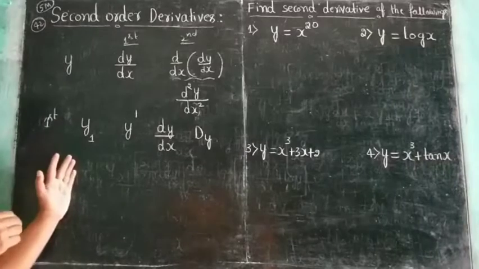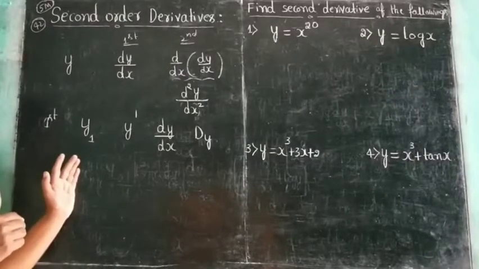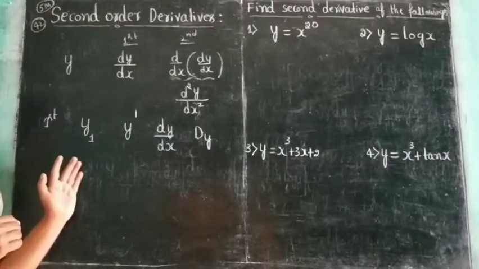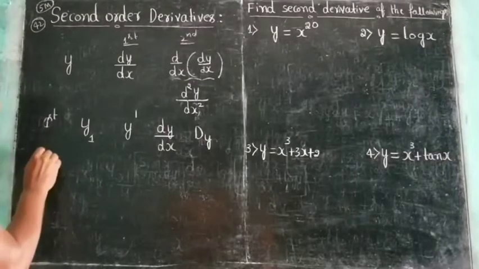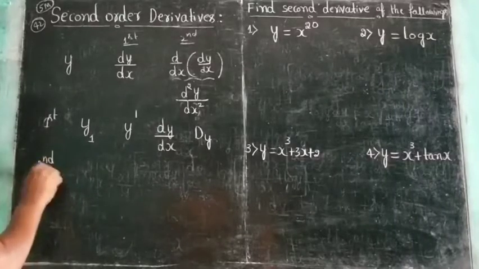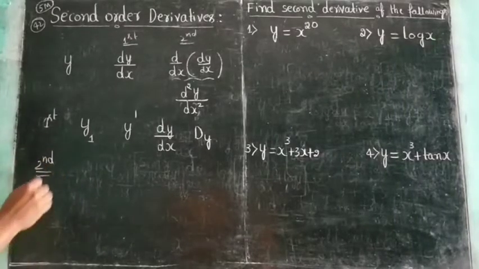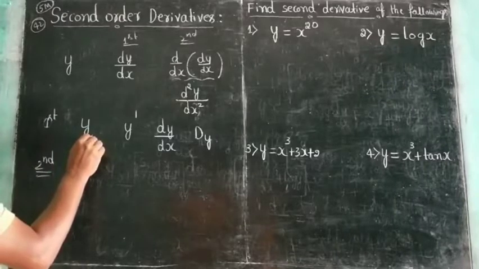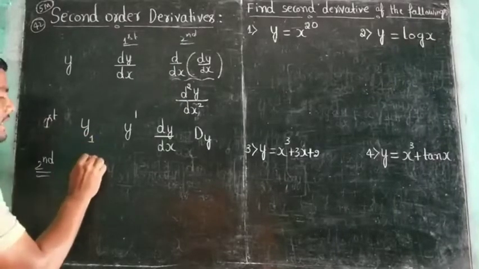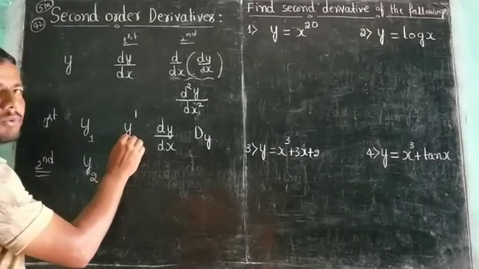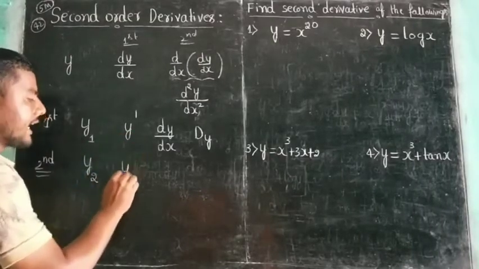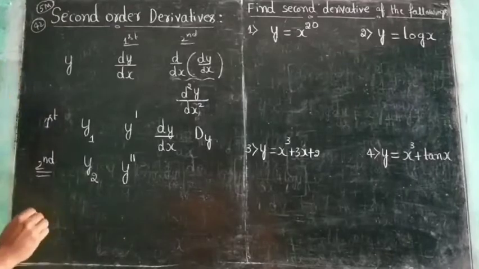These are all notations of the differentiation of y with respect to x, the single derivative. In the same way, if the first derivative is y1, then the second derivative is y2. If the first derivative is y dash, the second derivative is y double dash.